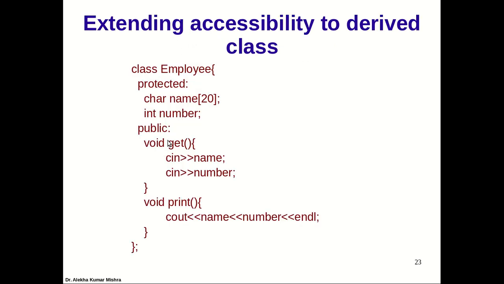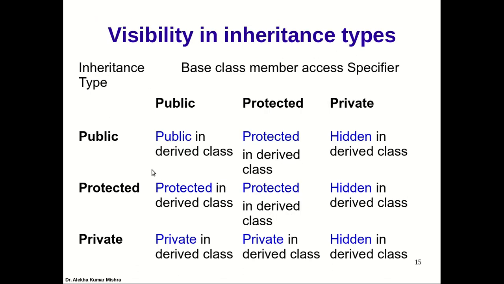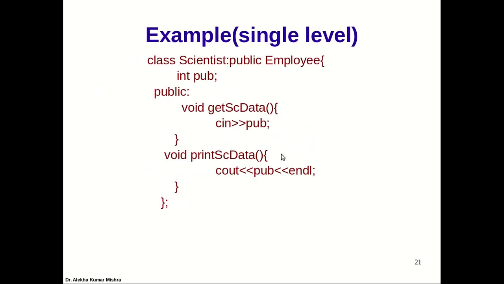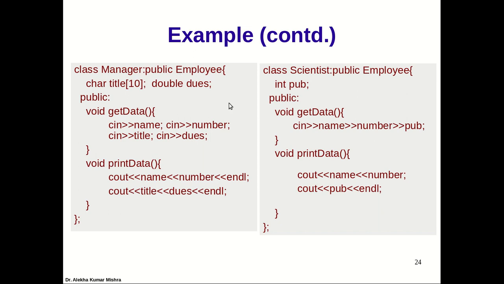Okay, as we follow this rule, right? If you remember, yeah, this way. So the data members were protected. Okay, and when we use public inheritance and data are protected, they will remain protected. So the employee number and the name both remain protected in the class manager and scientist.